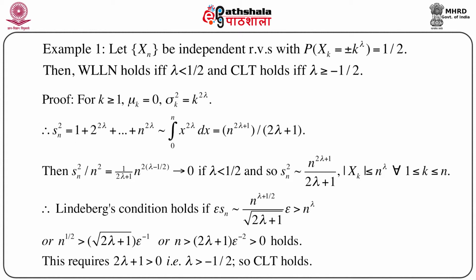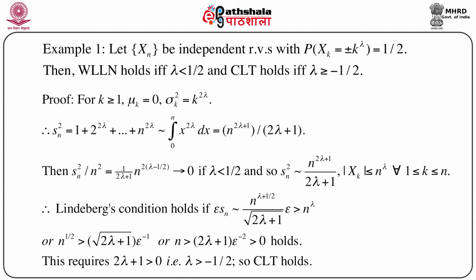So, we can say immediately that Sn square is now n to the power 2 lambda plus 1 by 2 lambda plus 1, and mod Xk is less than or equal to n to the power lambda for every k between 1 and n.